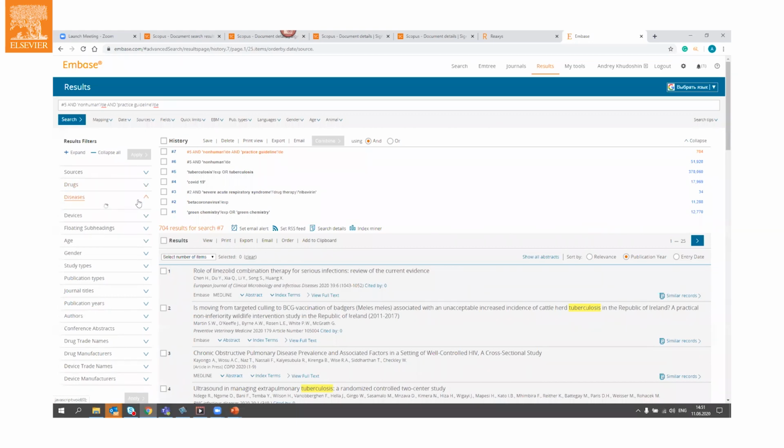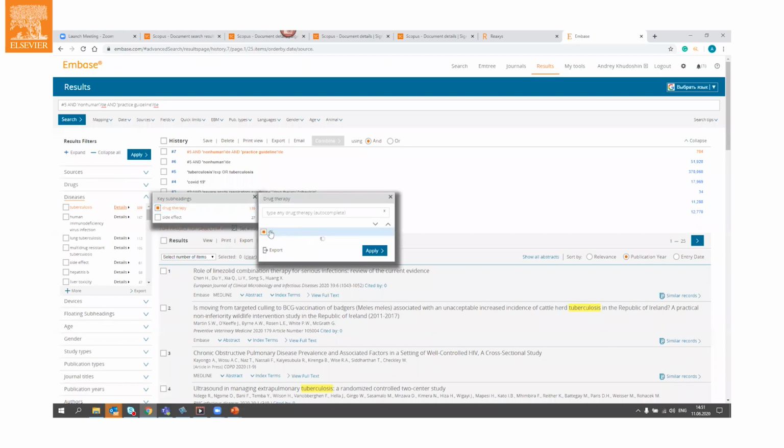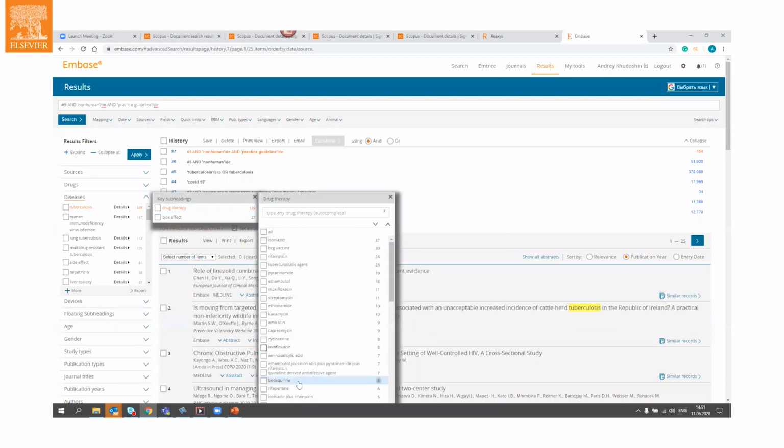What we can do now is go to the diseases, go there, drug therapy, and see the drugs which were mentioned in practice guidelines for the non-human application. So you see it's isoniazid, rifampicin, etc.